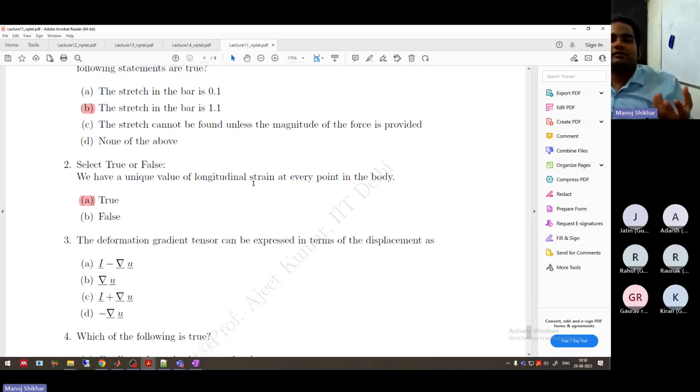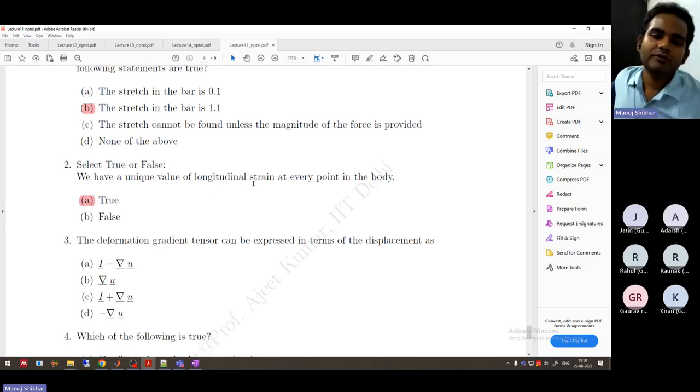So if you take a different point, there will be some unique value assigned to it. It may happen that you are considering an isostrain condition, then that unique value will be the same everywhere. So that is a special case. But in general, longitudinal strain will have a particular value at a particular point.